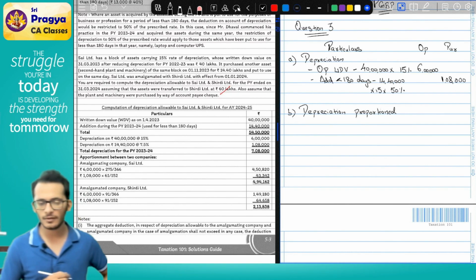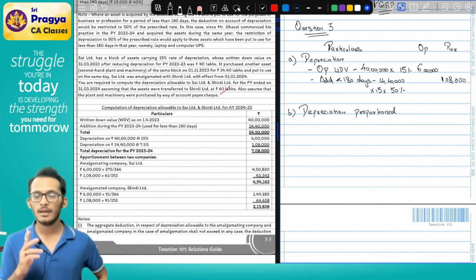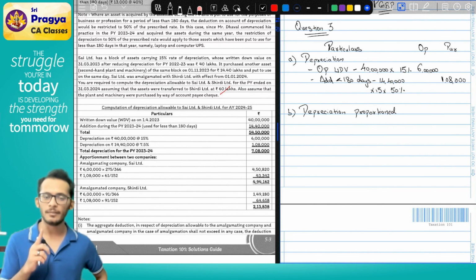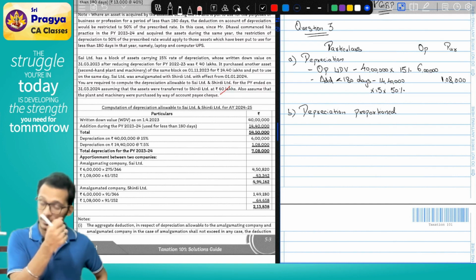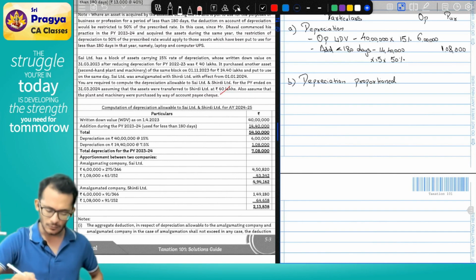Now understand what is going to happen: I have Sai Limited using one asset for the whole year and using one asset only from November. So I have to find out for each asset a different rate, each asset a different period.